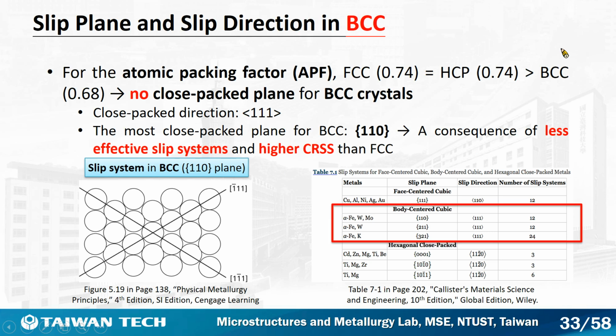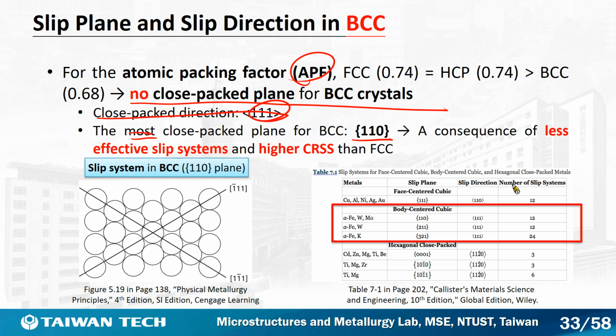And then let's talk about the slip system in BCC. Okay, for BCC, it has a smaller IPF, and there is no close-packed plane for this one, but it has close-packed directions. And the most close-packed plane is 110 here.